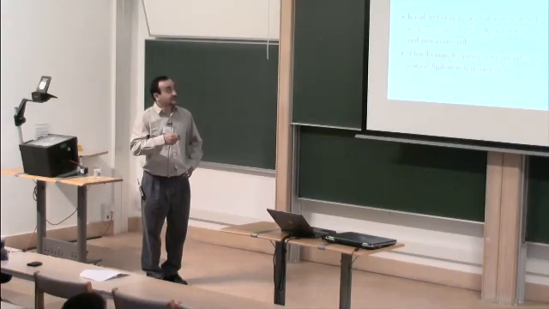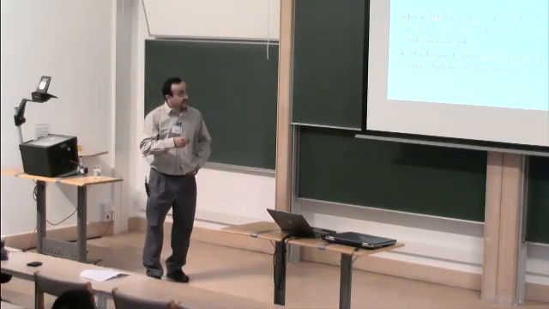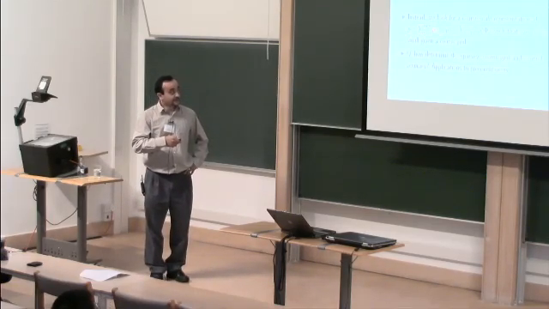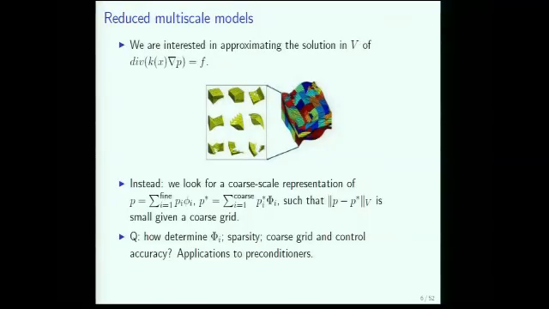It's a connected union of fine grids. So given a solution on a fine grid, I'd like to find a representation of this on a coarse grid with some basis function, which is really the main core of the talk, such that this difference is small given a coarse grid. So this is the problem I'm trying to solve here.